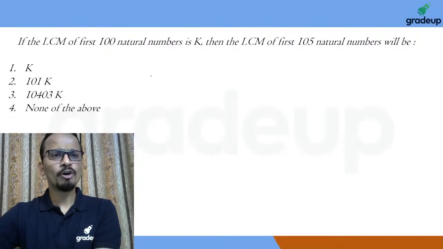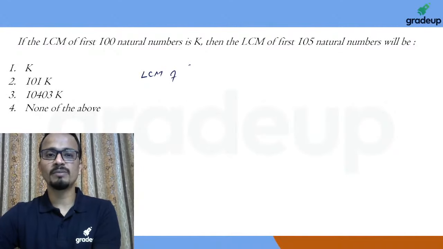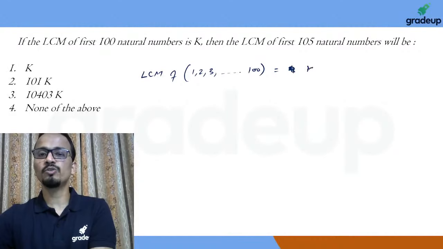Now if I look at the given statement, which says the LCM of the first 100 natural numbers, so 1, 2, 3 up till 100, this is equal to k.